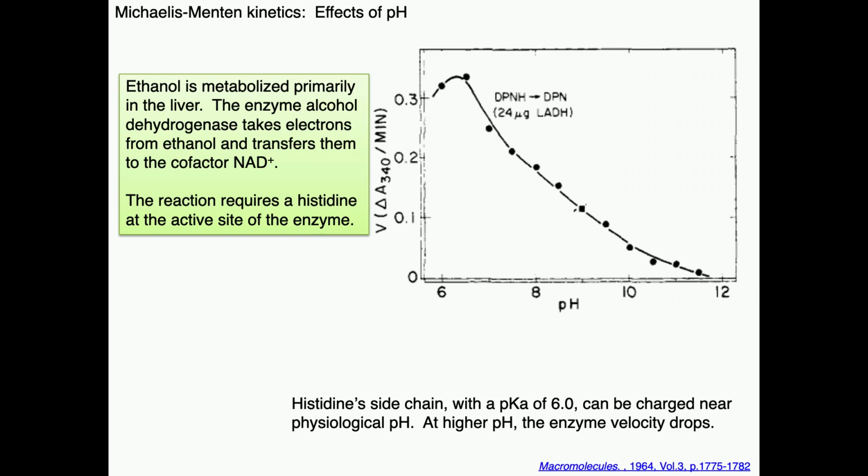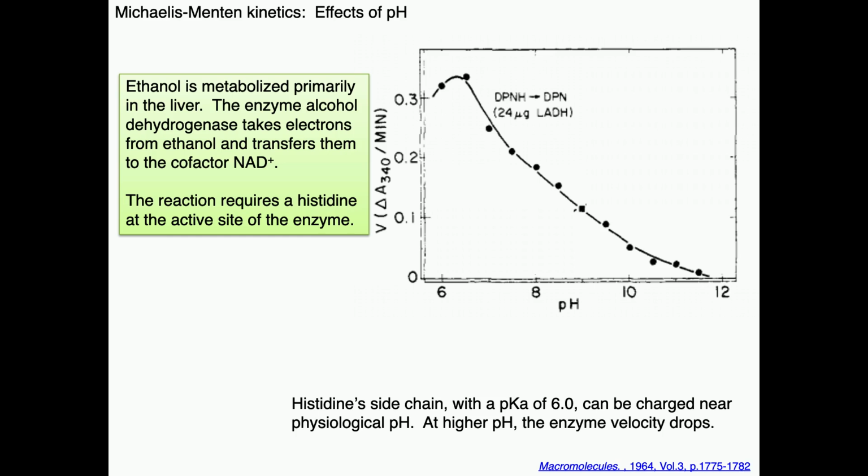So you can see that the enzyme velocity is peaking near neutral pH, and then as you increase the pH and have more of that histidine being deprotonated, you're going to rapidly lose your enzyme velocity.